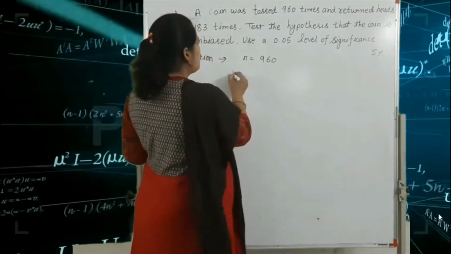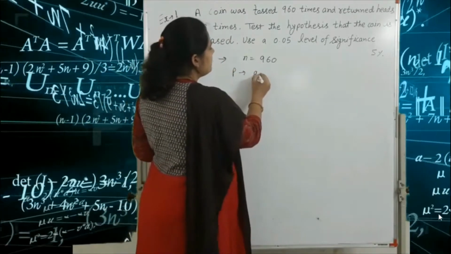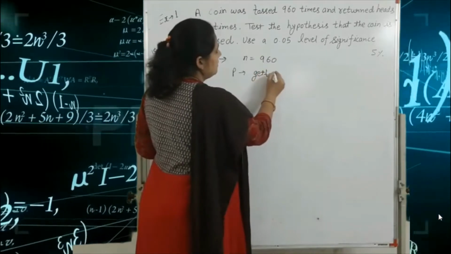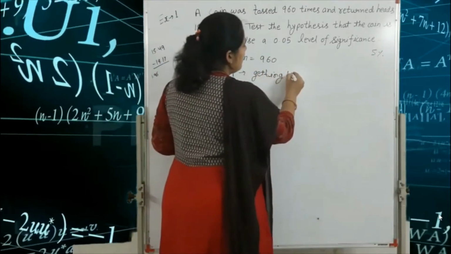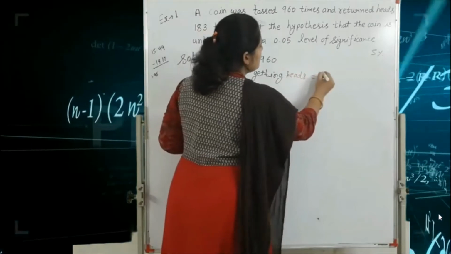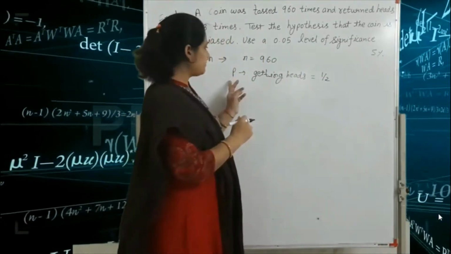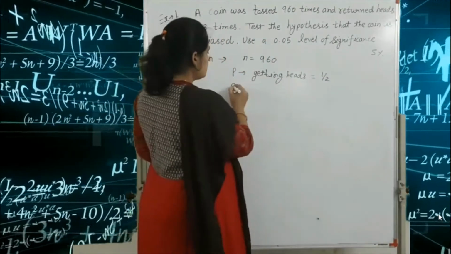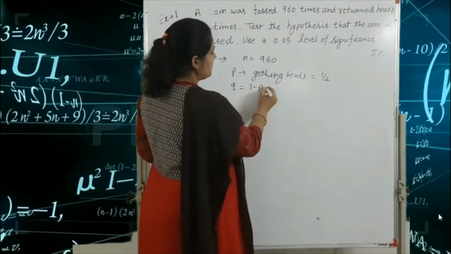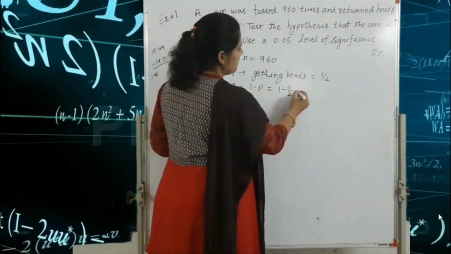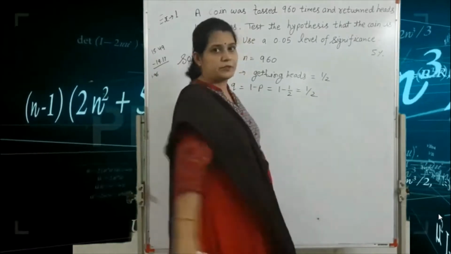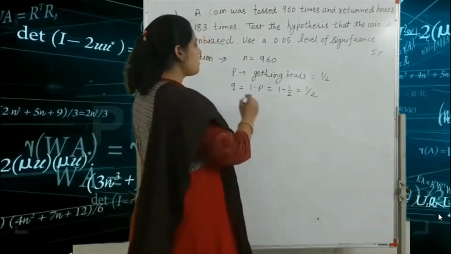So here n is equal to 960 and heads returned 183 times. The probability of getting heads is equal to 1 by 2, that means P is equal to 1 by 2. So Q is equal to 1 minus P, that means 1 minus 1 by 2 is equal to 1 by 2. Next we find the mu.